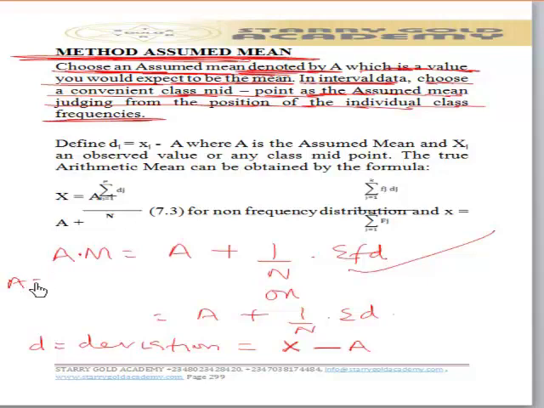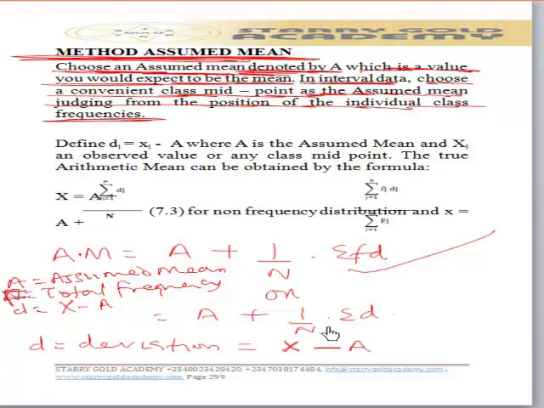The A here represents the assumed mean. N is still the total frequency, and D is equal to x minus A, which is x minus the assumed mean. F is the frequency.